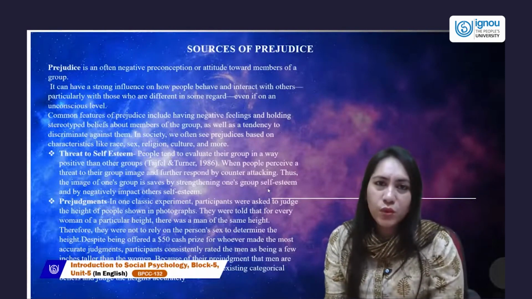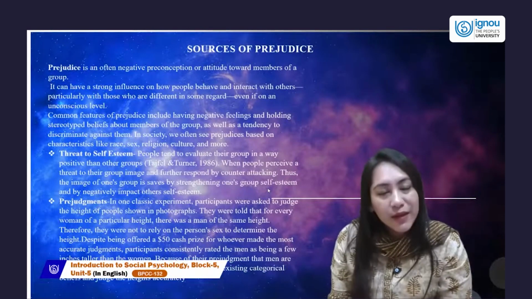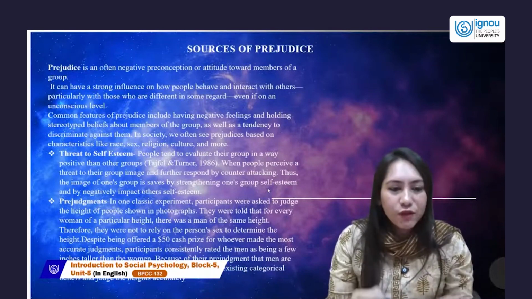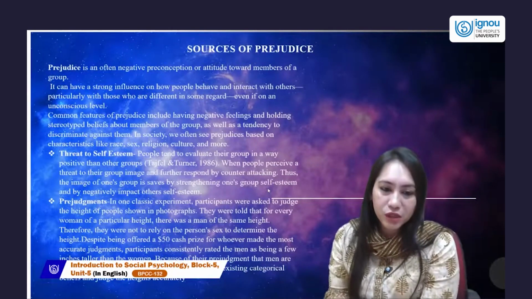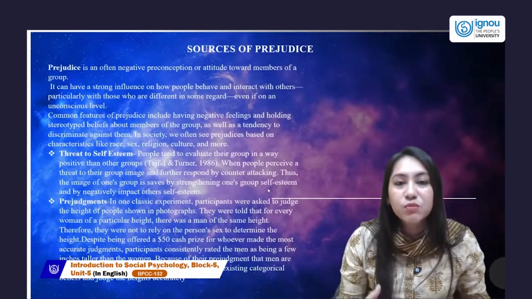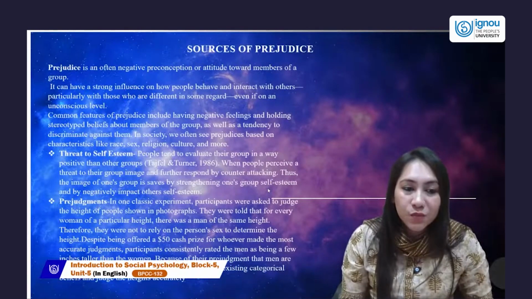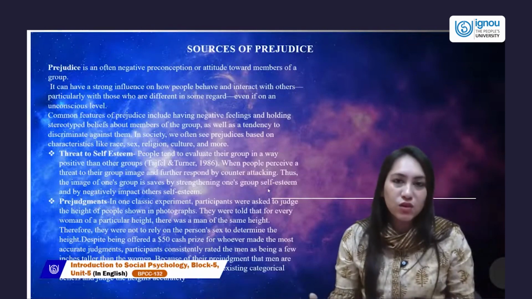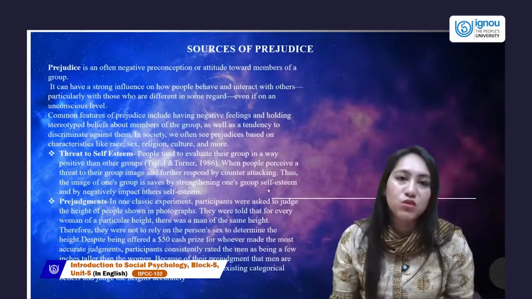If she is 5'4", we have a man who's 5'4". If 5'5", a man 5'5". For every woman of a particular height, there's a man of the same height. Therefore, they should not rely on a person's sex to determine the height.